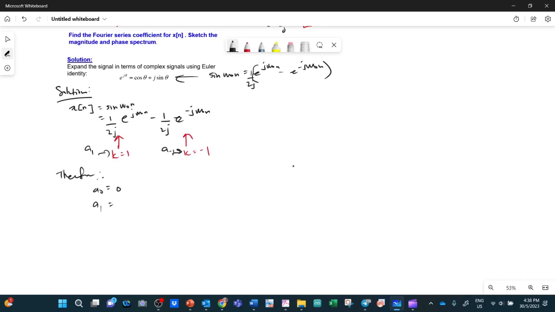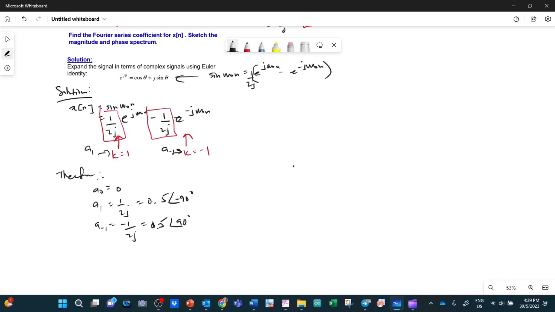So a1 is 1 over 2j, and a minus 1 is minus 1 over 2j. If you expand it using your calculator, you have 0.5 at minus 90 degrees, and 0.5 at 90 degrees.